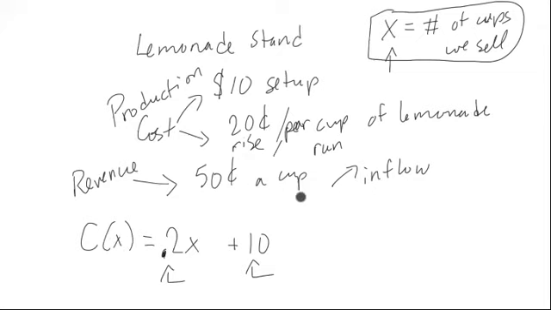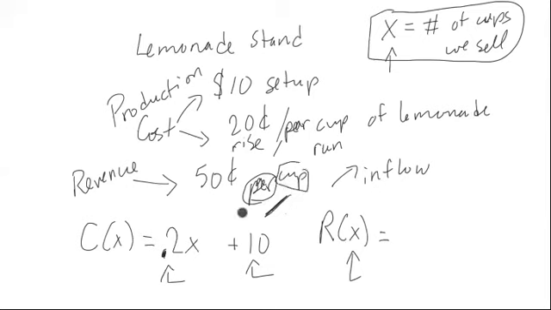Now, what about the revenue function? What if we sell X cups? It should be pretty clear. 50 cents a cup. Whenever you see per, that's like a division, like something over something else. And cup is kind of like the input to our function, or X value. See the units here, cents, and you see a per.